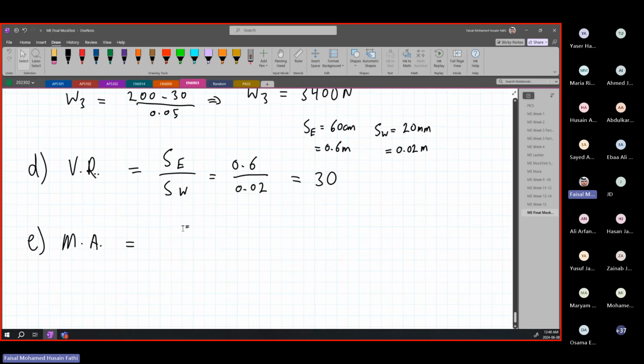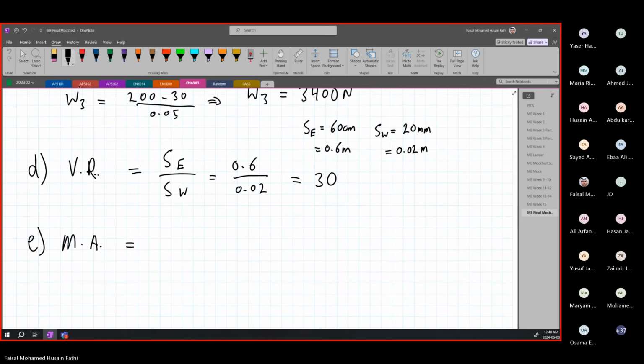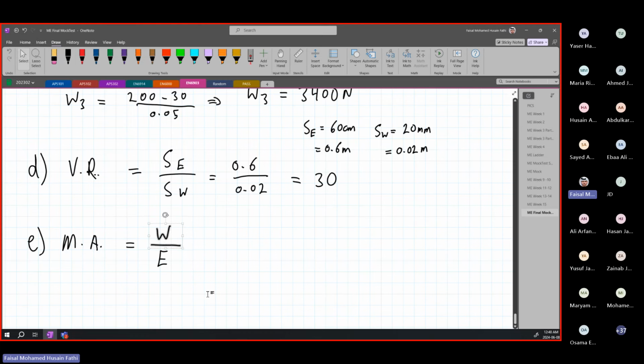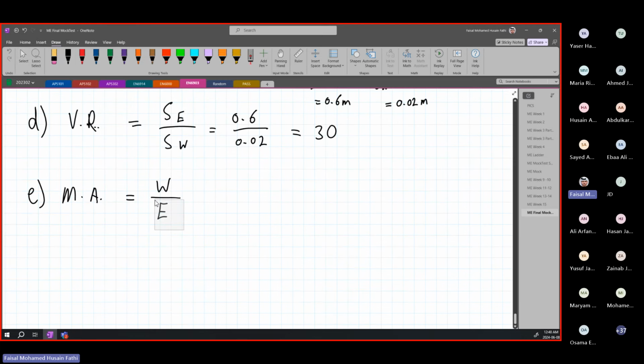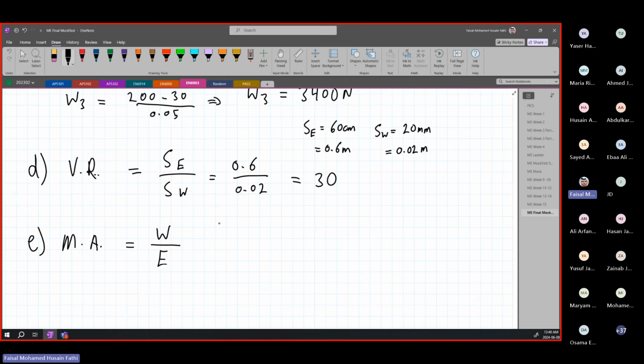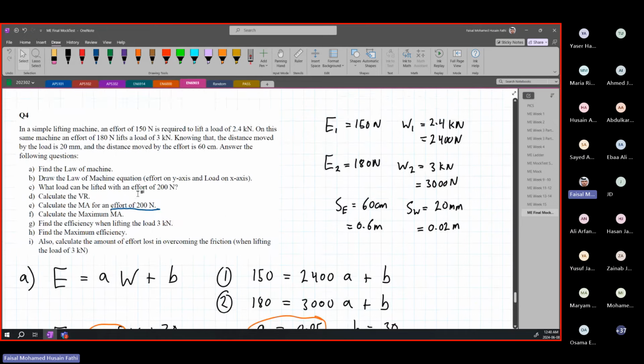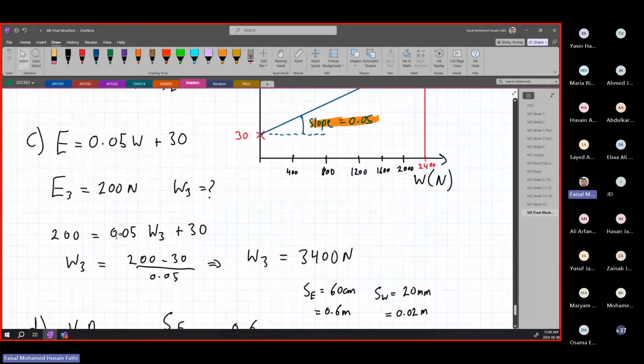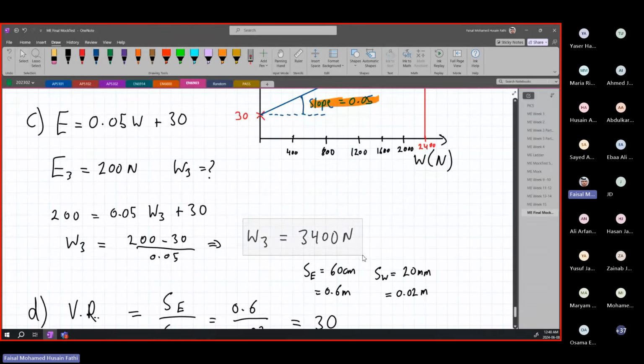To find your mechanical advantage, it is going to be your load over effort. But you need to know which load divided by which effort, because your mechanical advantage varies depending on your load and effort. In this case, they wanted it for the 200 newton effort, and we already found our W3.